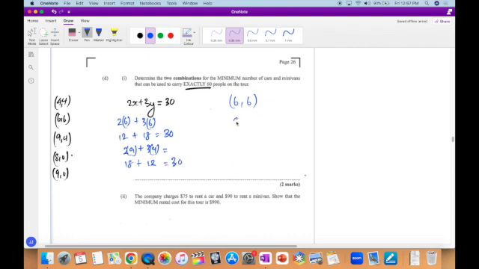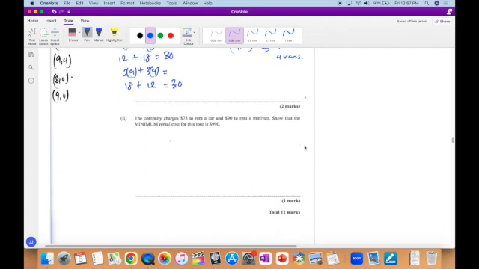So we have the 9-4. Therefore, these are the two combinations for the minimum number of cars and vans that can be used to carry exactly 60 people. These combinations are 6 cars, 6 vans, or 9 cars and 4 vans.